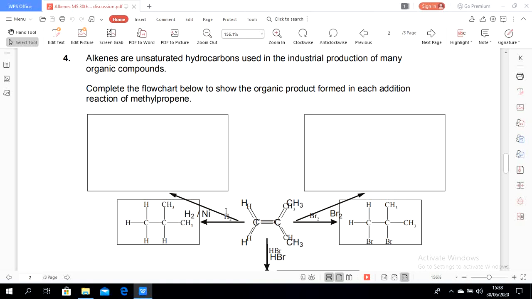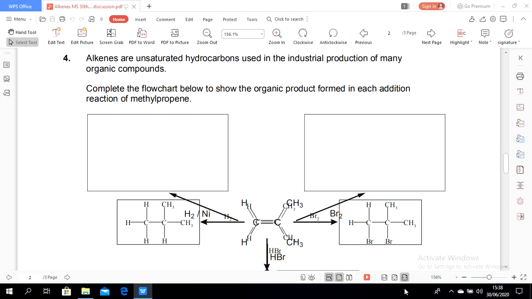Similarly, with hydrogenation, addition with hydrogen gas in the presence of nickel catalyst, the product will become methyl propane or 2-methylpropane.